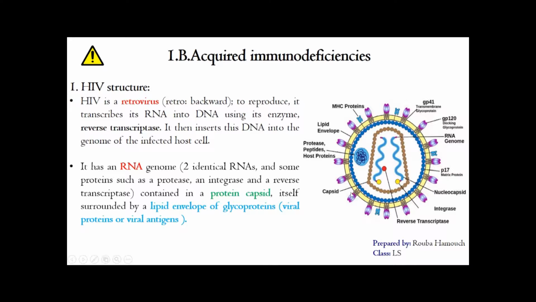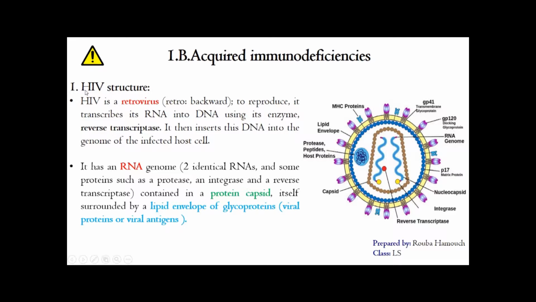These envelope antigens will be recognized by antibodies or by our immune system. The glycoproteins are mainly glycoprotein 41, which is a transmembrane glycoprotein, and glycoprotein 120. These glycoproteins allow the binding of the virus to its host cell and its fusion with the host cell membrane in order to release its genome into the cytoplasm of the host cell.